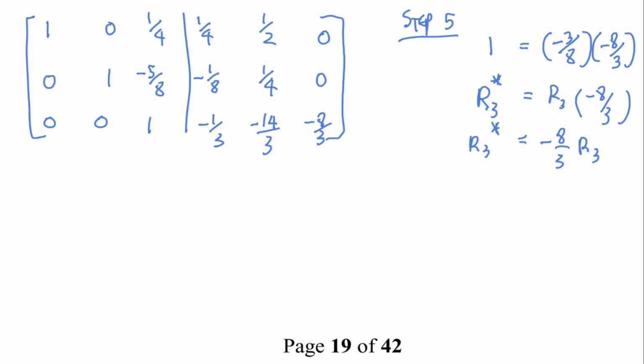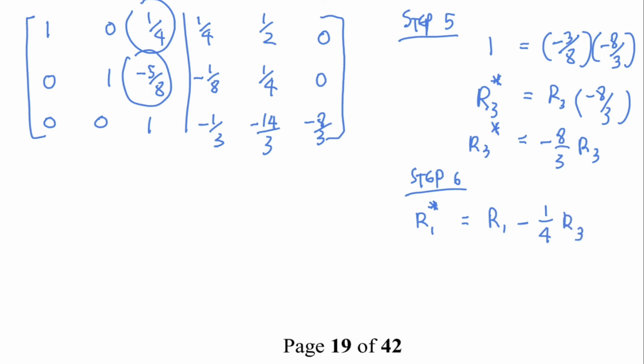And then for step 6, you want to obtain the elements here into 0. So what will happen? The new row 1, since 1 over 4 minus 1 over 4 is 0, is the original row 1 minus 1 over 4 row 3.